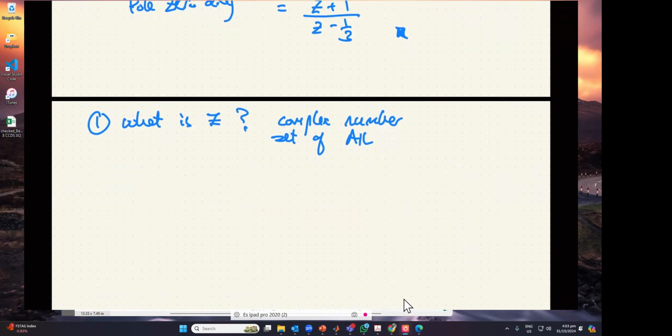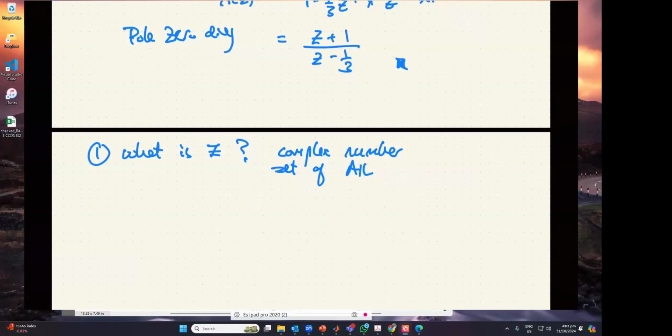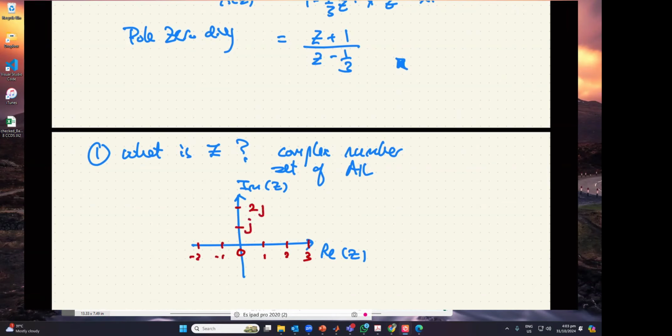This is the real axis, and this is the imaginary axis. This is the origin, this is 1, 2, 3, this is minus 1, minus 2. And as we go up, this is j, 2j, and down is minus j, minus 2j. You can choose any z on this plane. We call this the complex plane, the set of all complex numbers.